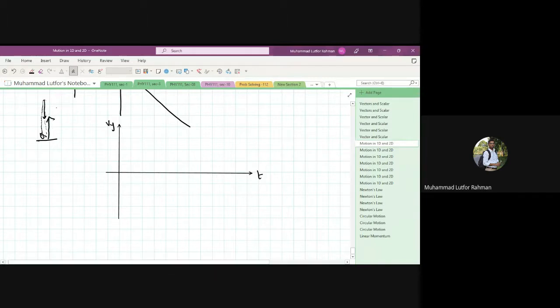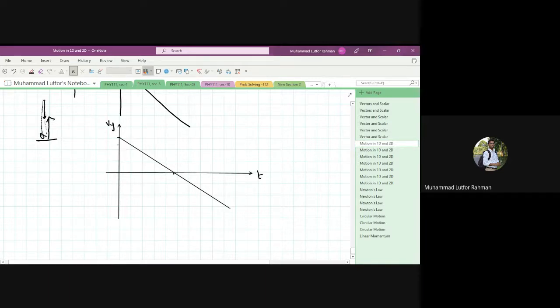So if I plot that curve, it would be a straight line. This point is the maximum point, where velocity is zero.